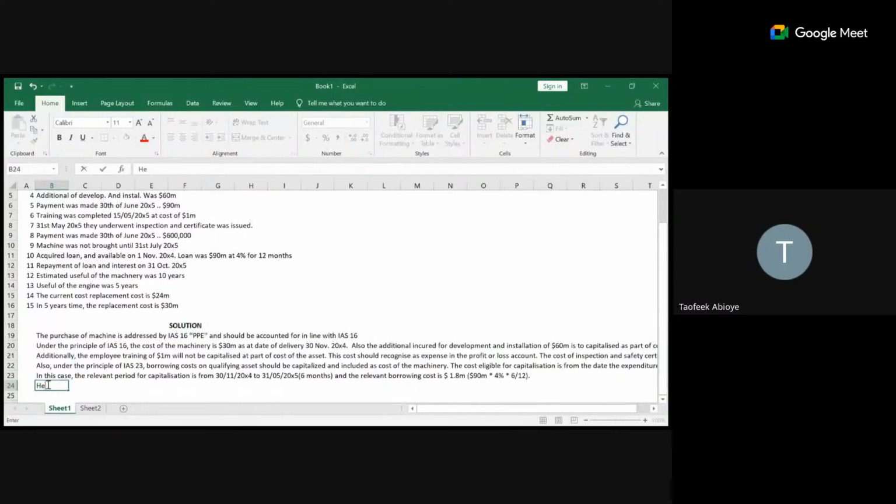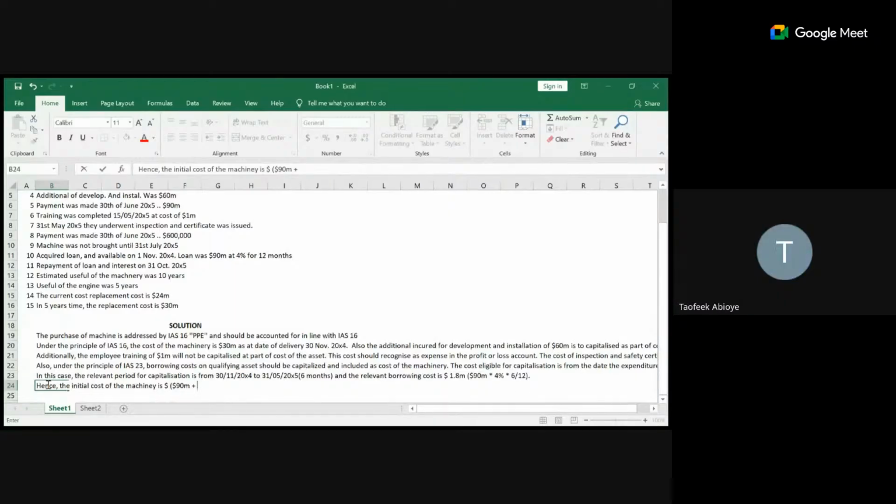Hence, the initial cost of the machinery is how much? Let's do it like this: 90 million, plus the ones we capitalize. Which ones did we capitalize? We expense training costs, so we are not going to include training costs.